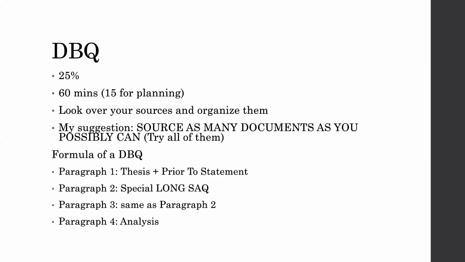Now, the formula for a DBQ that I'm going to give you is this. It's your thesis and prior statement, and then paragraphs 2 and 3 are just special long SAQs. Both of them are just special long SAQs. And then paragraph 4 is your analysis. And you're probably wondering, what's the thesis and prior statement? And what's the analysis?